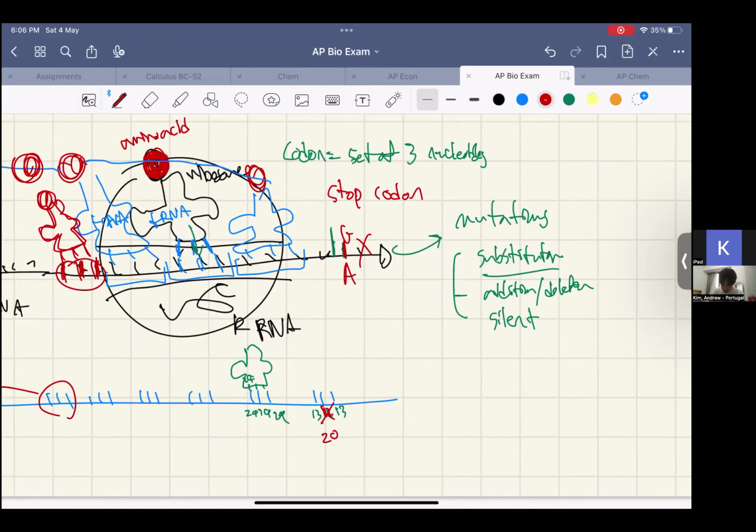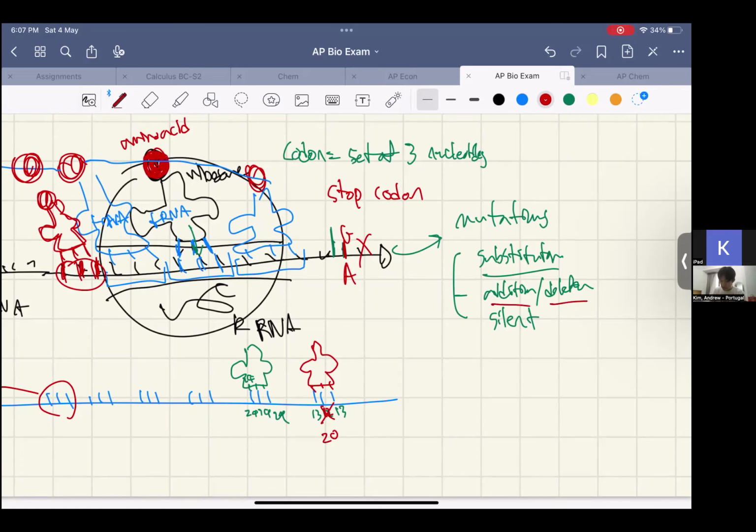Then of course, the set of three guys that tRNA will bring will also be different, and thus the amino acid that this tRNA brings will be different, right? So substitution mutation can cause big issues because tRNA will bring wrong codons and thus the wrong amino acid.